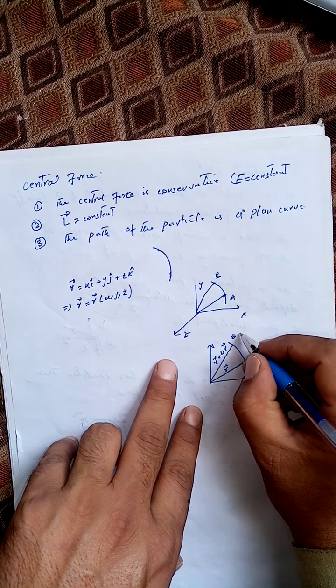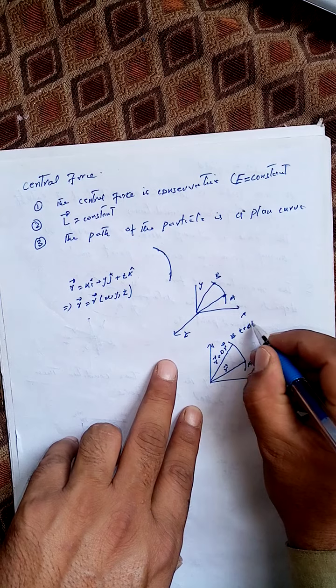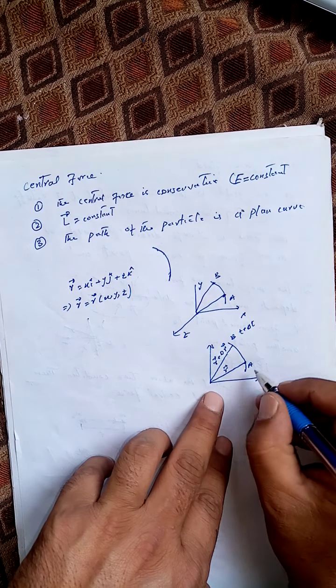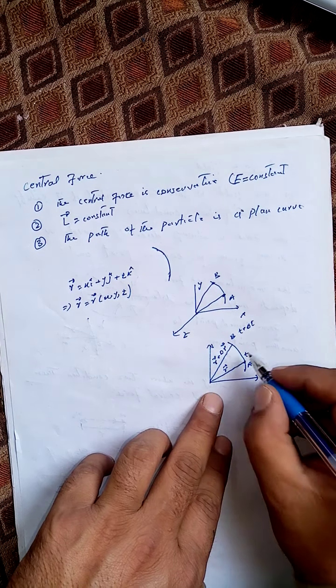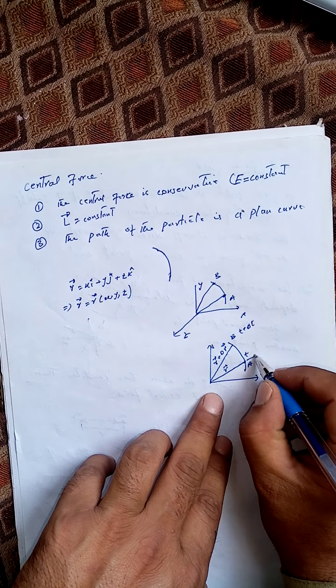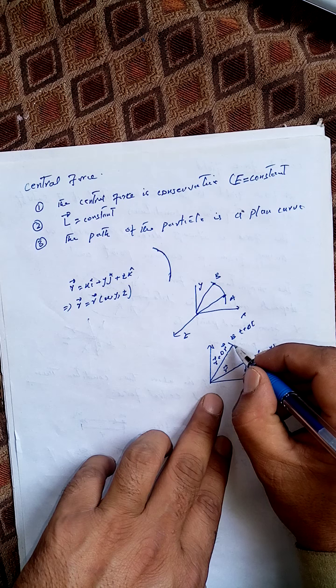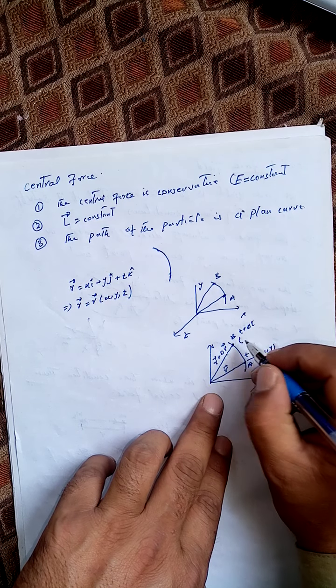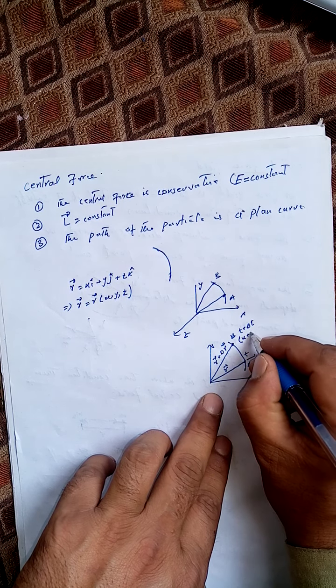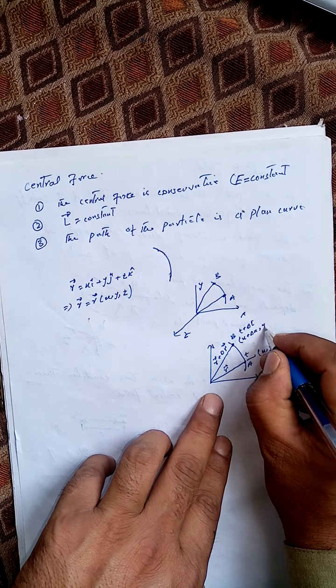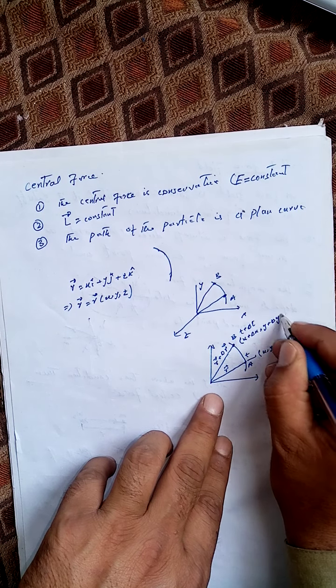So time here is t plus delta t. Here the time is t. So at this point the coordinates of the particle are x, y, and at point B the coordinates of the particle are x plus delta x and y plus delta y.